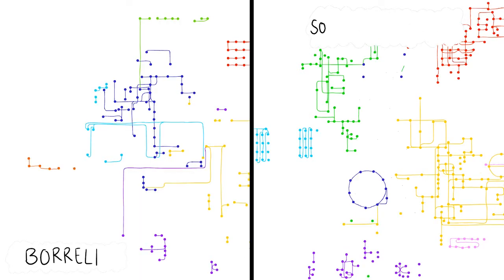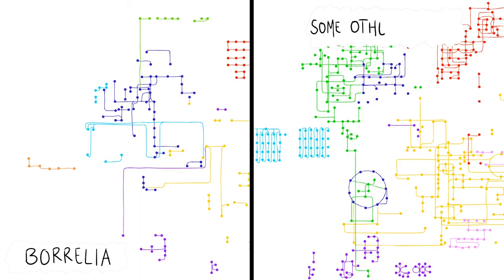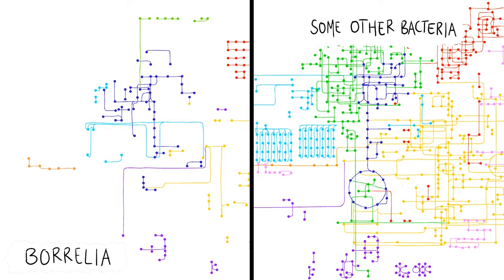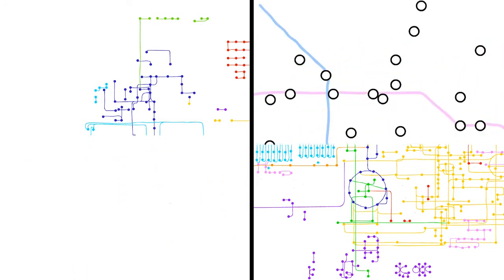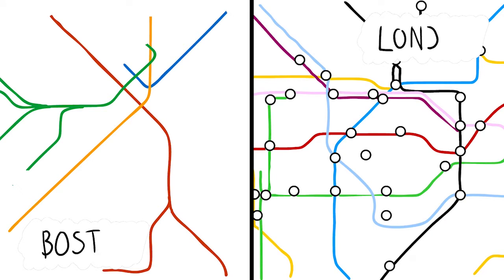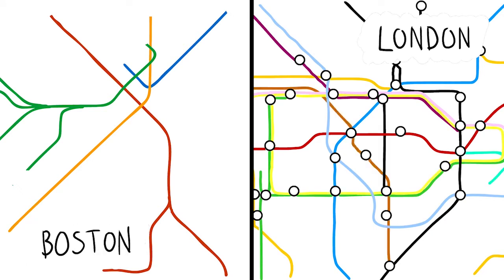So one thing we can do is to compare the map for Borrelia, the Lyme disease bacteria, with maps of other similar bacteria, and what we find is that Borrelia's is much smaller, and that's because they have a much smaller genome, so they only have 1,200 genes, where a lot of other bacteria maybe have 4,000 or 5,000. So the upshot of this is that the metabolic map doesn't look quite so much like the complicated London Underground map, say. It looks a bit more like the Boston Metro, which only has 4 lines.